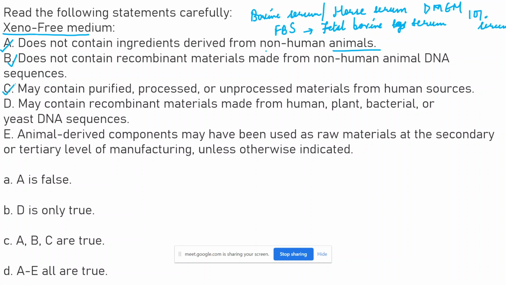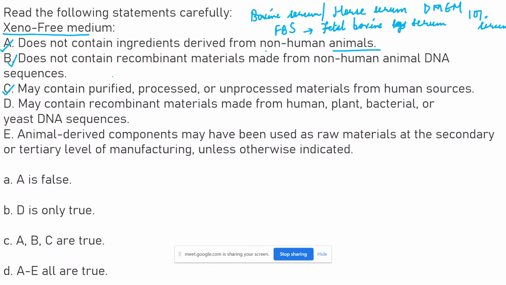This is correct. It's xeno-free, but basically we use xeno-free medium in laboratories because we want to do translational research where whatever we are doing in the laboratory can directly move from laboratory to clinical trials.